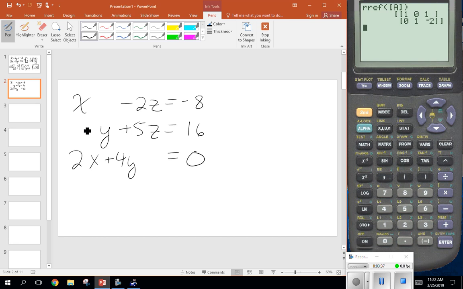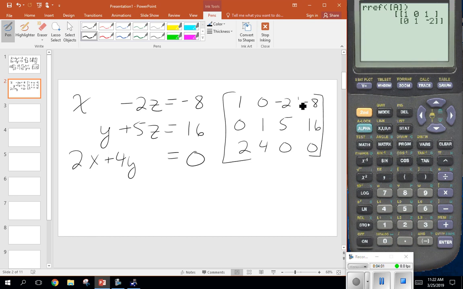And notice, I'm missing some spots here. That's okay. I'm going to put this in as a matrix, and where those missing spots are, I'm just going to put a 0. So: 1, 0, -2, -8; 0, y has a coefficient of 1, 5, 16; 2, 4, 0, 0.